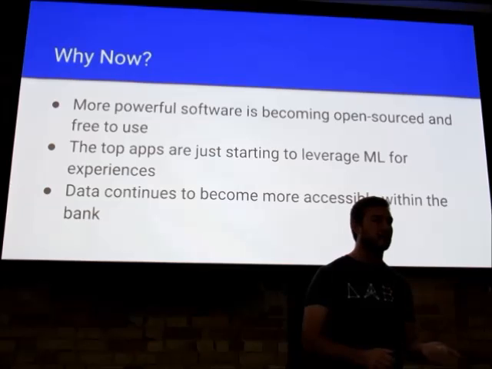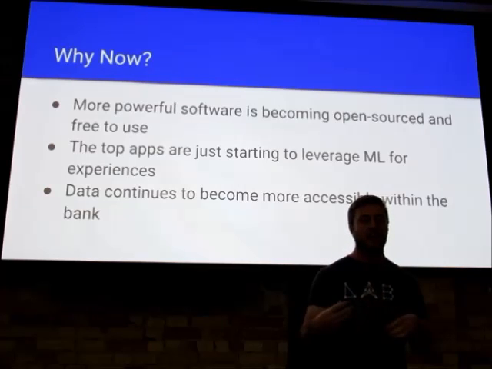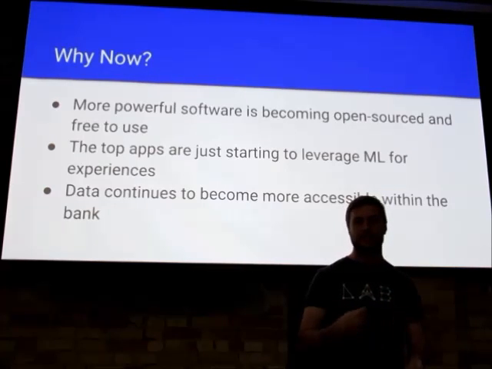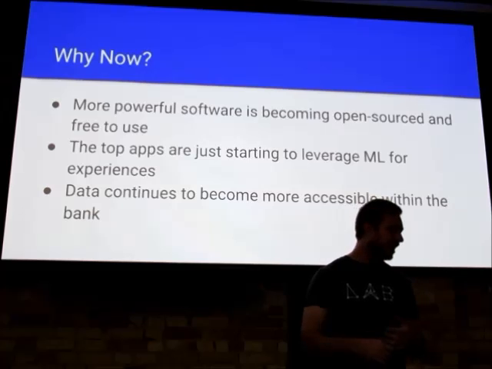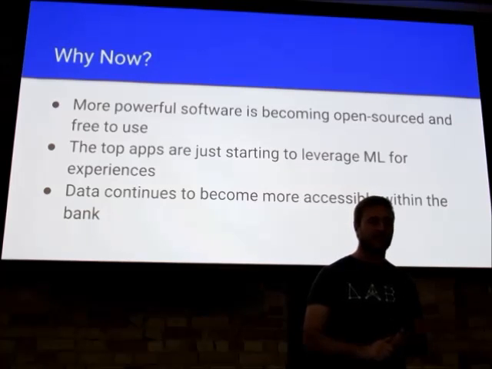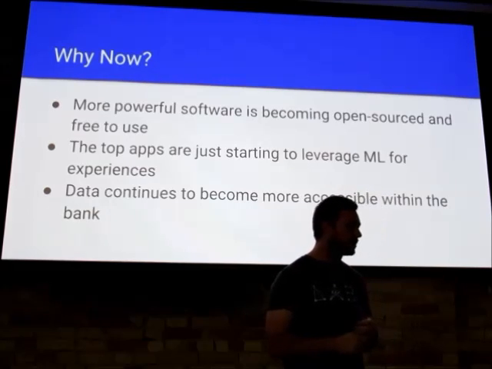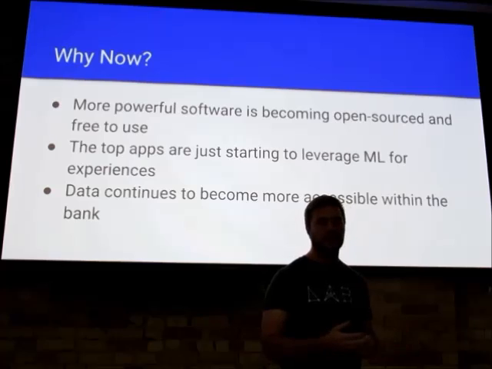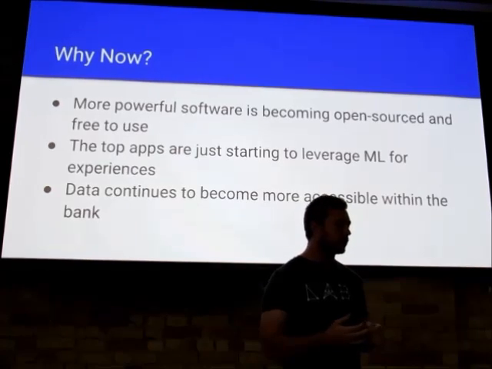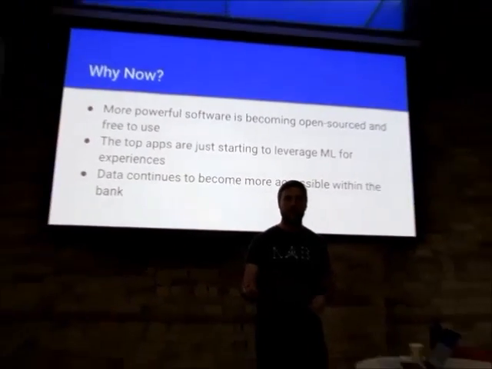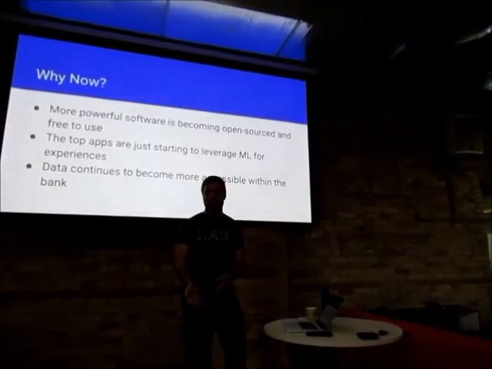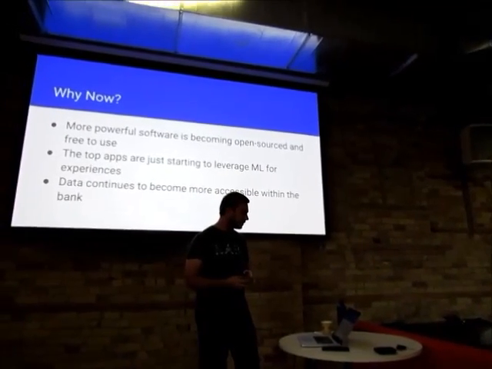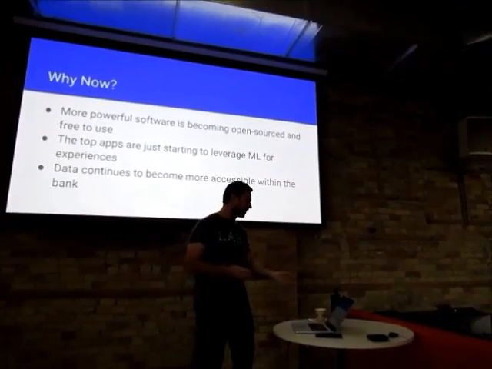Because there is now TensorFlow, we couldn't normally at TD code in-house GPU accelerated deep learning libraries, because that's not our specialty. But because this is being made accessible for teams to use, we can start thinking of really new creative things, and basically adopt what the Googles and Facebooks are doing into our space.